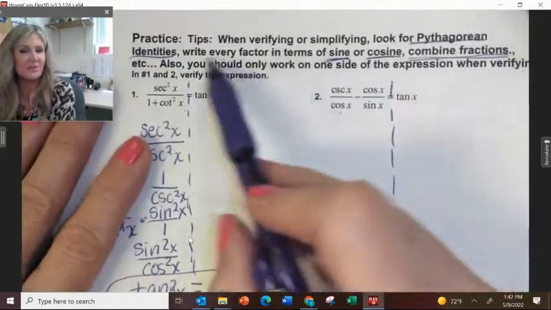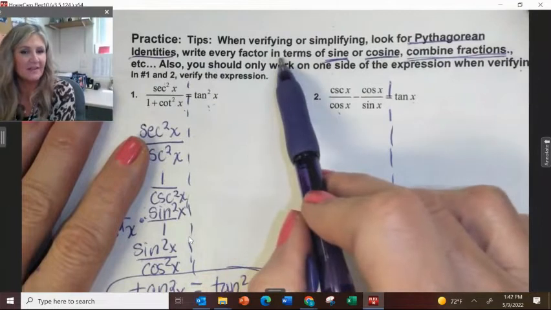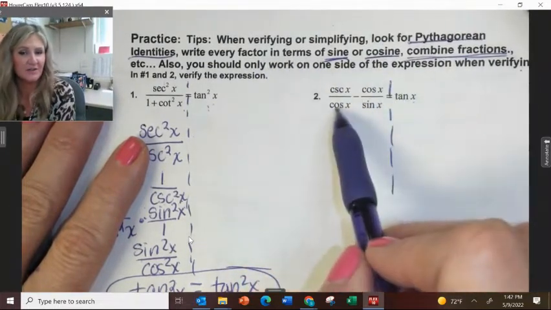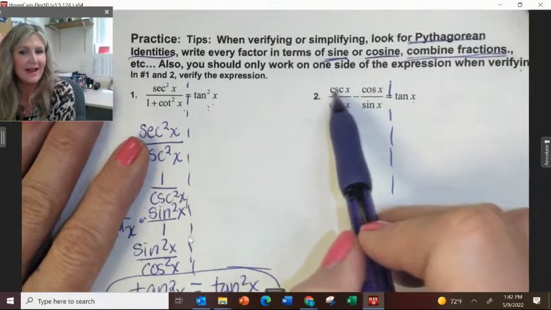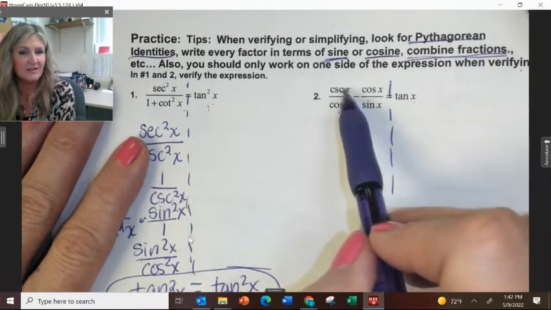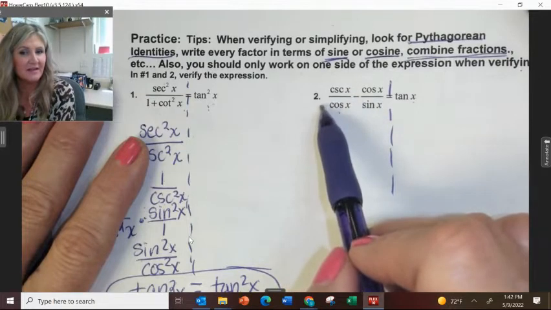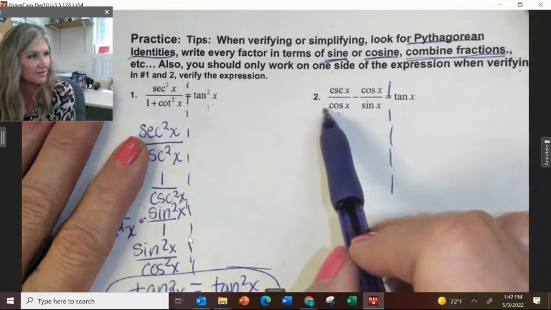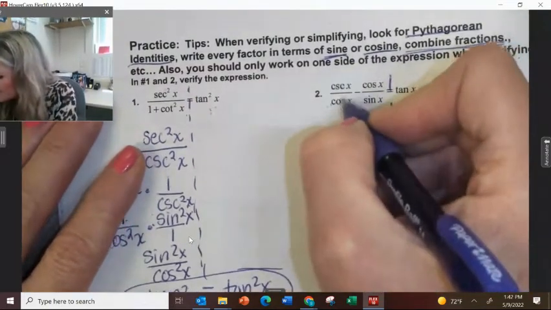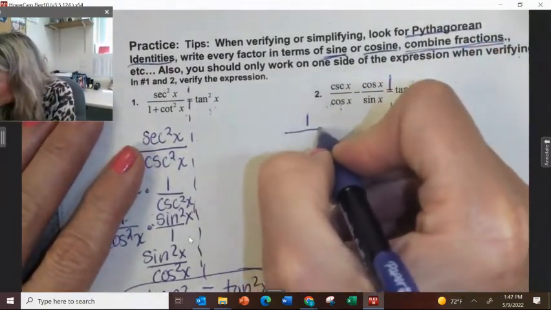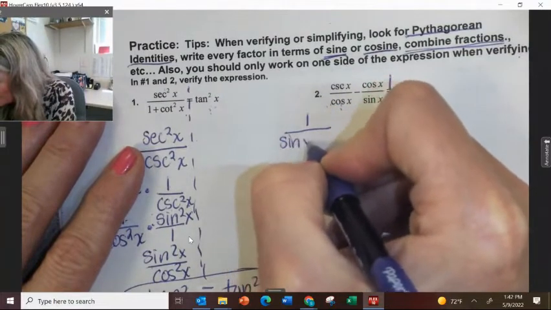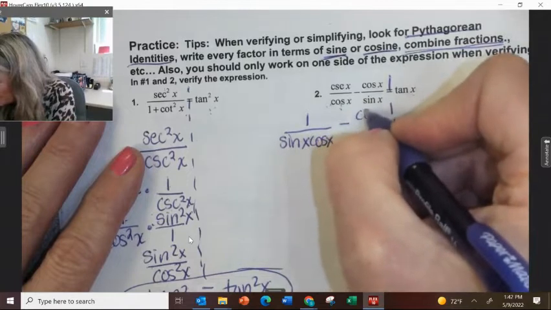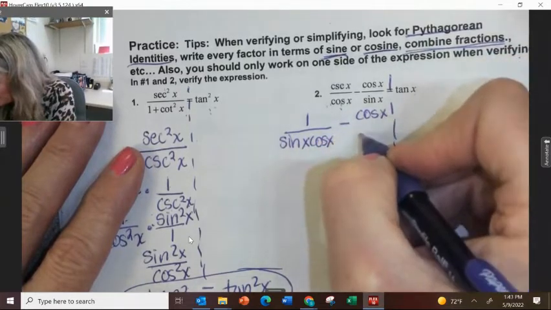One of the methods that we can use is to write everything, every factor or term, in terms of sine or cosine. So right now, this is cosecant, so I might want to make it into what? If I move it to the bottom, what would it turn into? Sine. So what I can do then is I can rewrite this as 1 over sine x cosine x minus, I'm not doing anything with this.